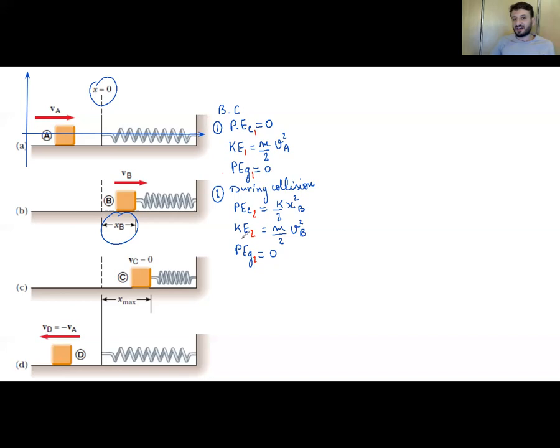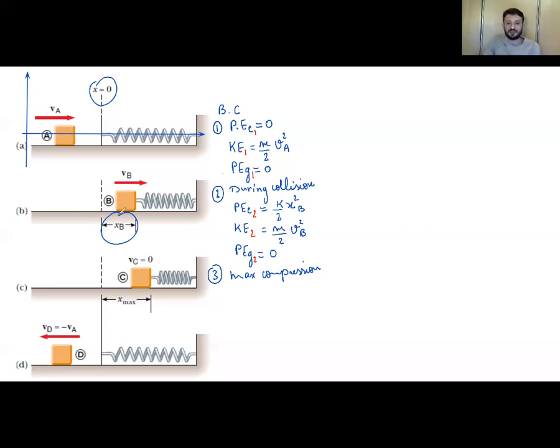Let's take the third state. In state 3, the system is at the maximum displacement, and we have a maximum compression of the spring. For the spring, do we have a compression?